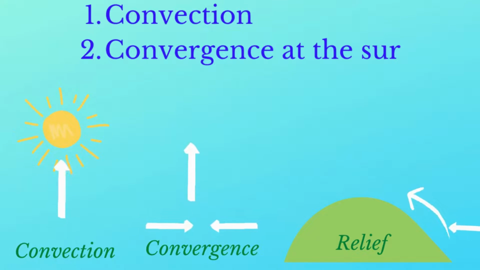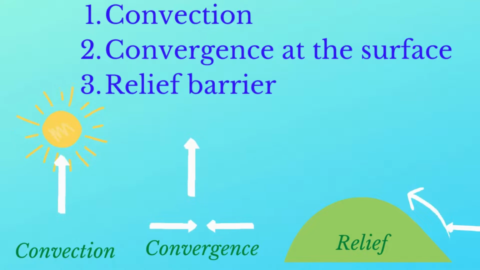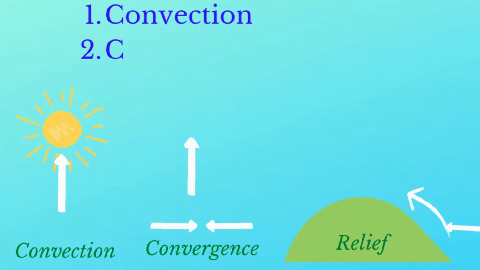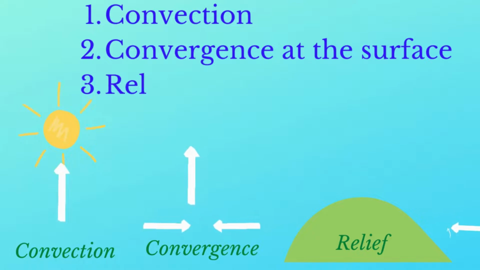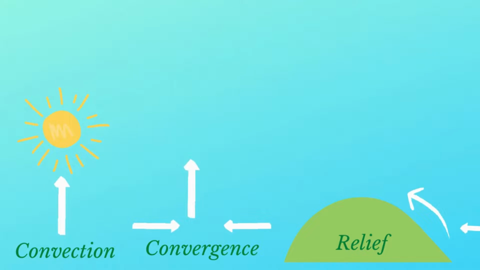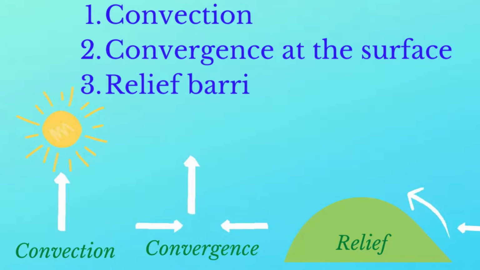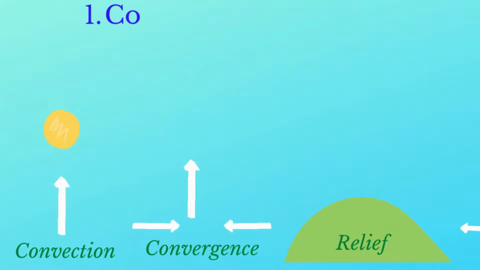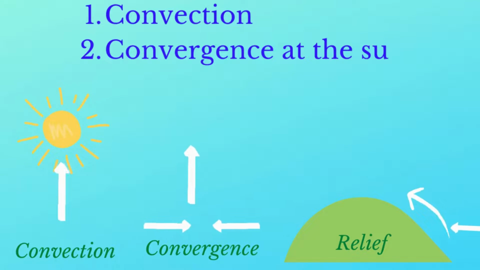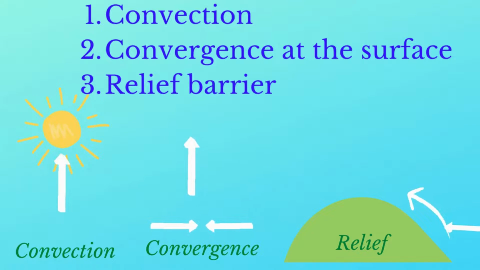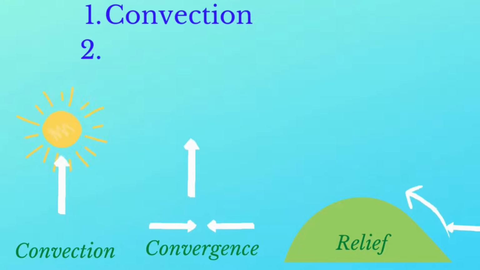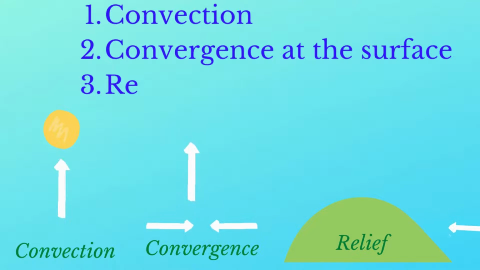When winds blow across a mountain, because it cannot go through the mountain and it cannot go back, it is forced to rise. Now, similarly, air sinks when it is cold and therefore heavy.